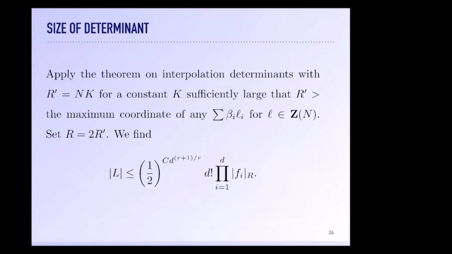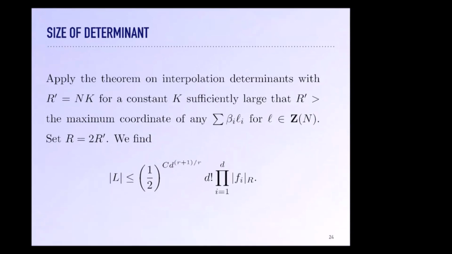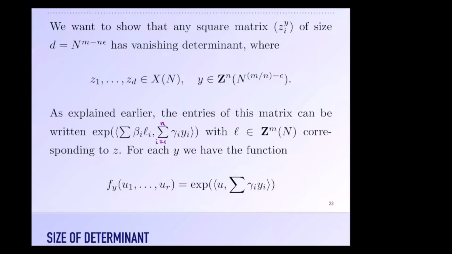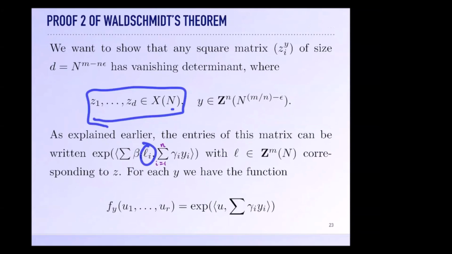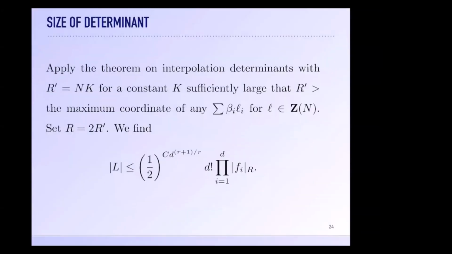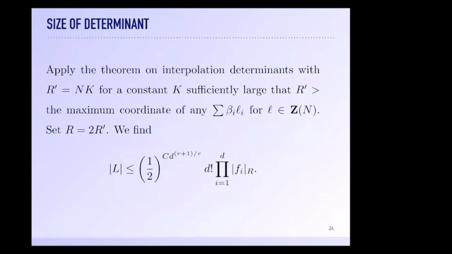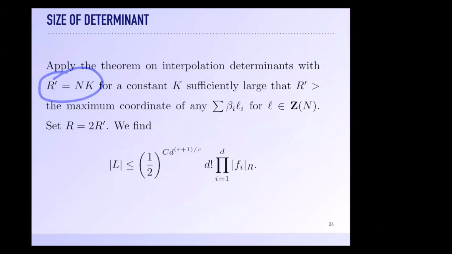Let's look at how big the u's can be. These beta_i's are just some universal constants, and l_i is going up to n, in the box of size n. So the u_i's are bounded by n times some constant. That's going to be my r prime in the application of the interpolation determinants theorem.